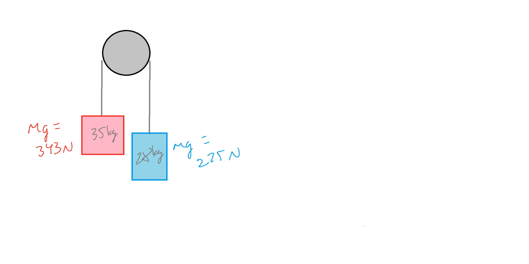Okay, so what I want to do is find out what is the acceleration of the system. So what I'm going to do is the same thing I did before, and this is what I like to do, I ask myself, what is trying to move it? Now if I cut the rope, both of them would fall, which means they're both pulling.